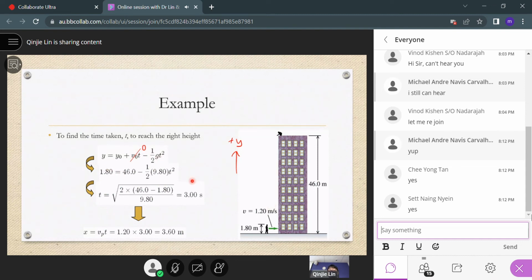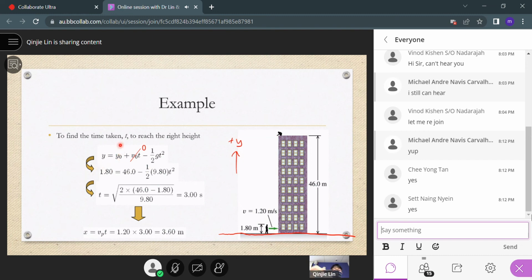And then from here, you just put in your values. Y, which is your final height, is 1.8. They take the floor as the reference. So you want to reach a final height of positive 1.8, so you put 1.8 here.